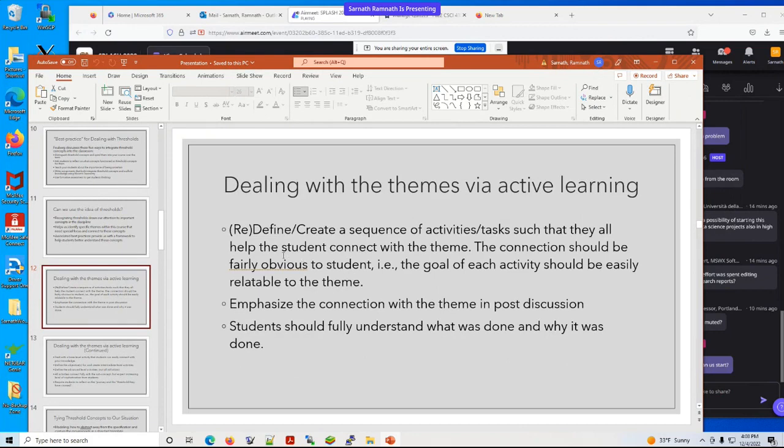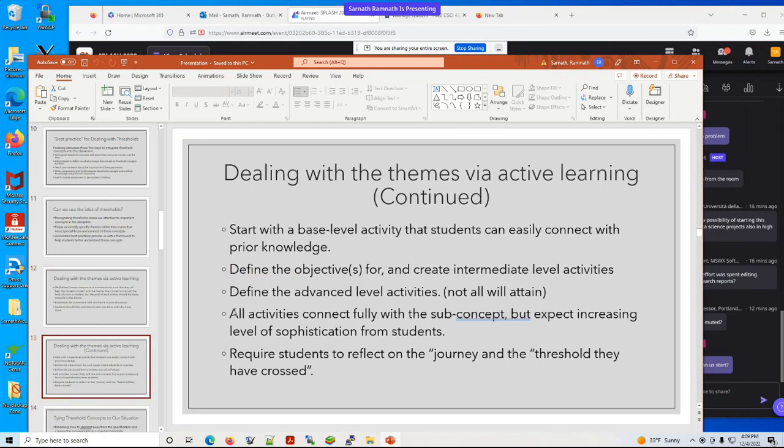We have to identify the theme, of course, and then create a sequence of activities that should help students connect with the theme. The connection should be fairly obvious to the student. Emphasize the connection with the theme in post discussion, and students should understand why it was done, and so on and so forth.